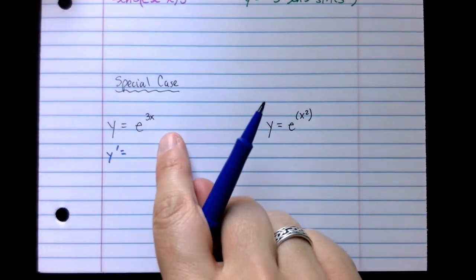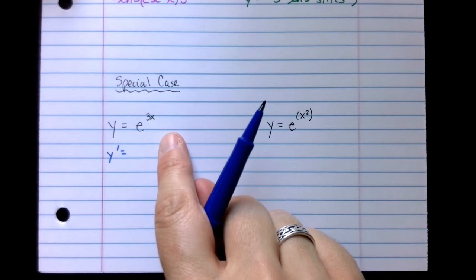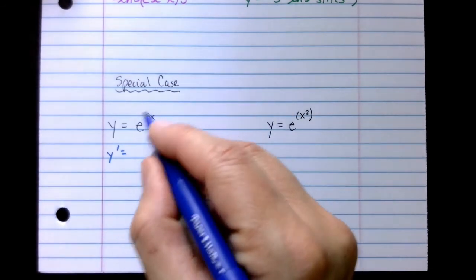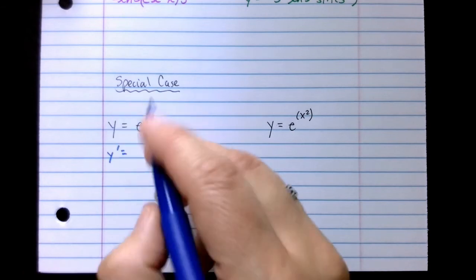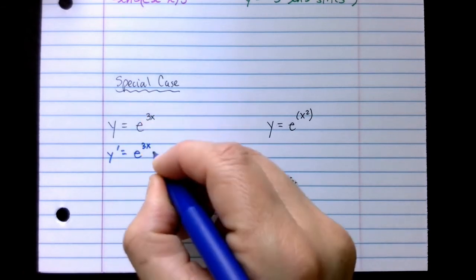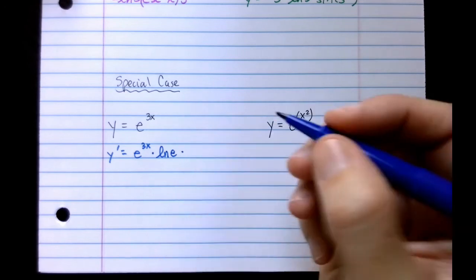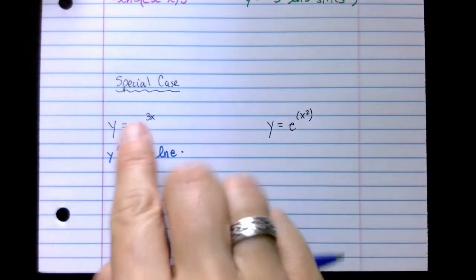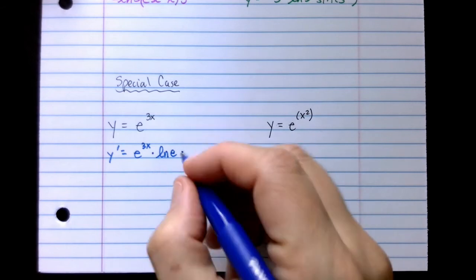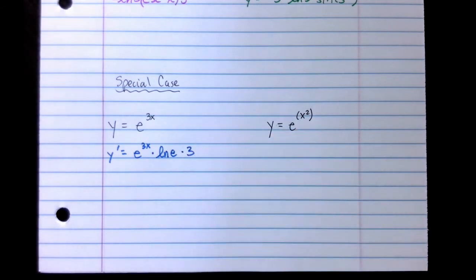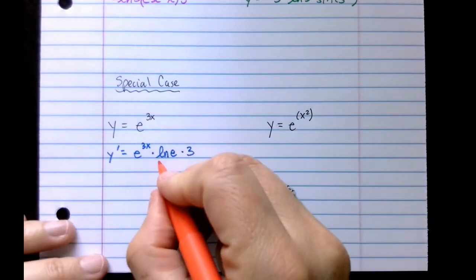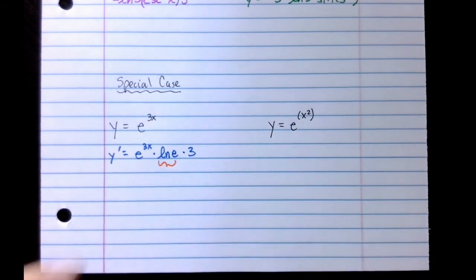Remember, I'm still going to follow the exponential rule, which tells me the derivative of an exponential is the exponential itself times the natural log of its base times the derivative of the exponent. Well, the exponent is 3x, so the derivative is 3. Now I want to point out something to you. You should look at that and go, wait, I know what that is.